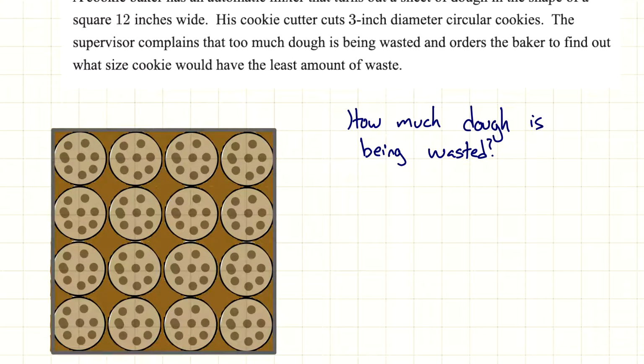So if we use this 3-inch diameter circular cookie cutter, how many cookies can we fit? Well, if you already noticed, I already put in the circles that would fit. If the diameter of this cookie is 3 inches, then there would be another 3 inches, and another 3 inches, and another 3 inches. That is a total of 12 inches, right? Which would be the most that would fit.